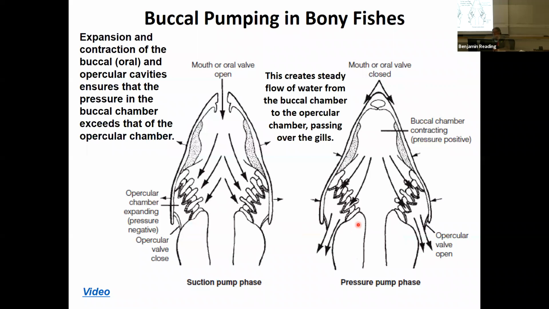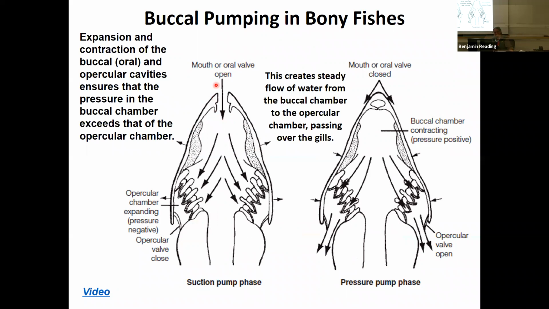So when we look at buccal pumping in fishes, we talked about pipette feeding and how the jaws are designed to create this tremendous negative pressure in the advanced fishes like the largemouth bass and Order Perciformes. A similar mechanism is used to pass water over the gills.